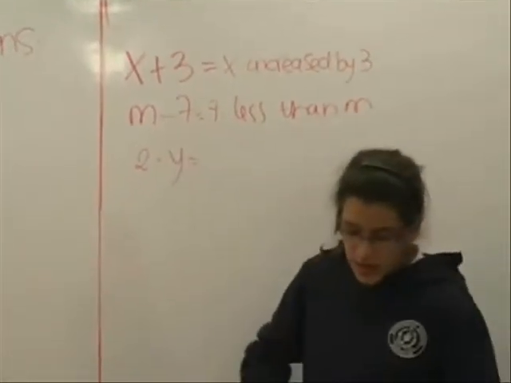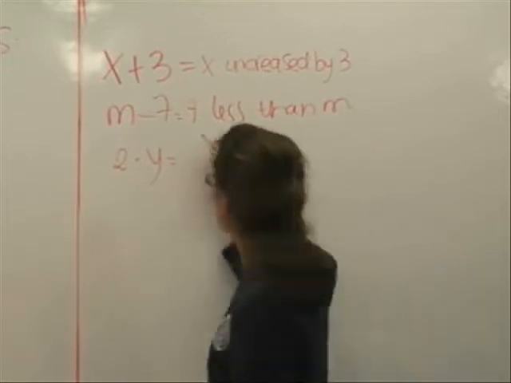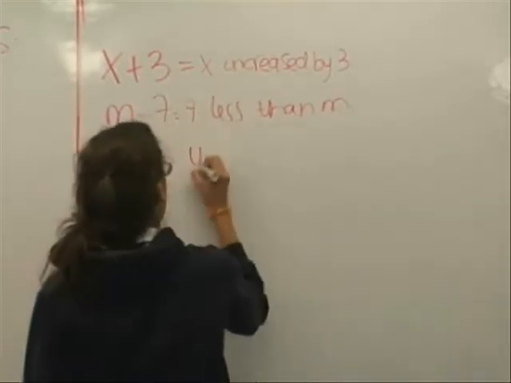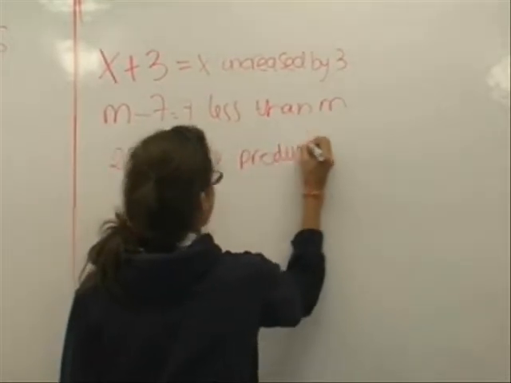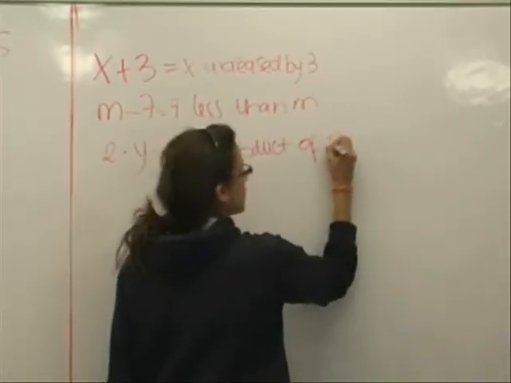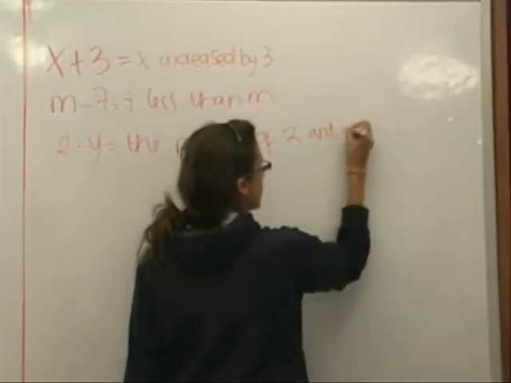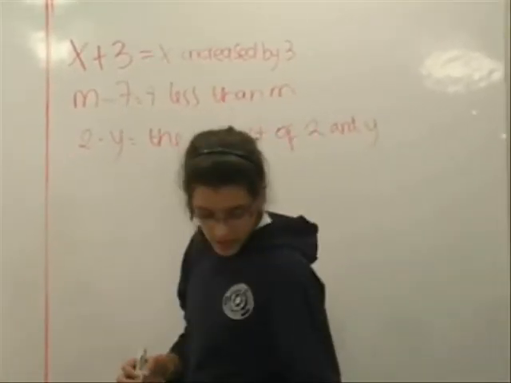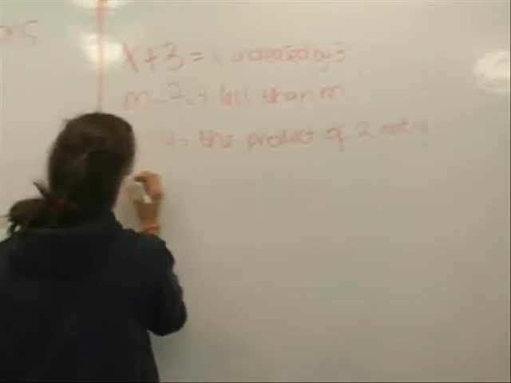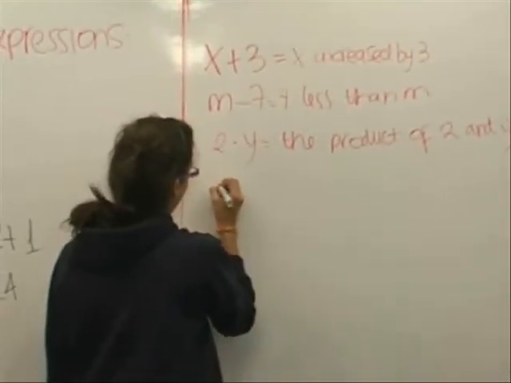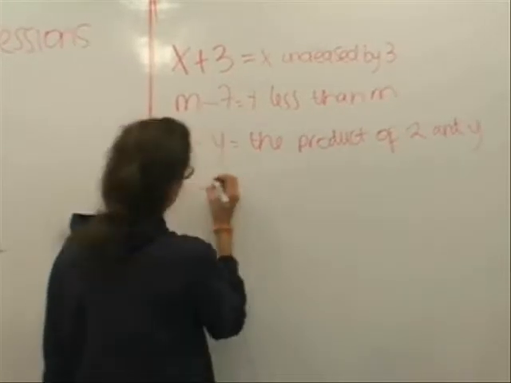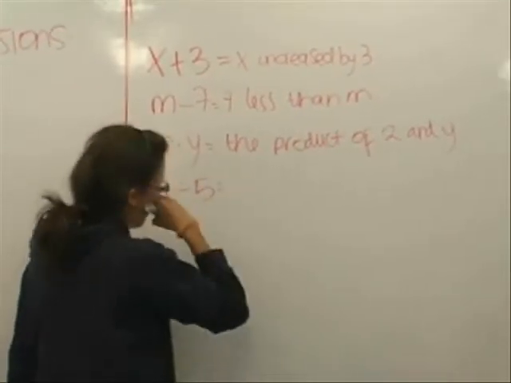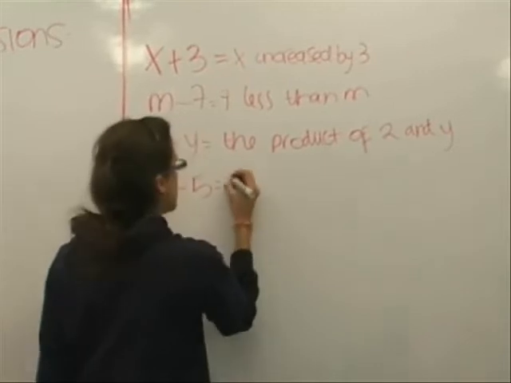If you have 2 times y, it's the product of 2 and y. And this is the quotient of L.